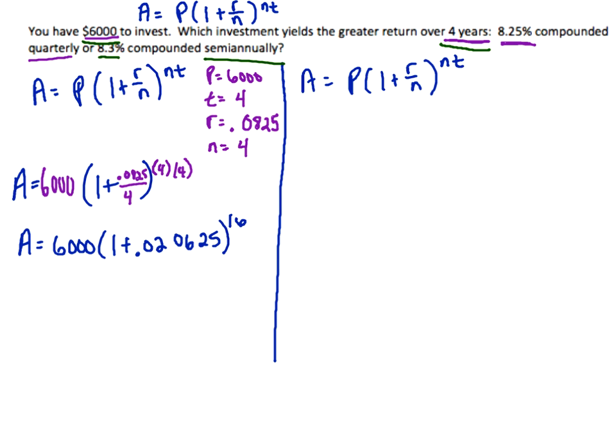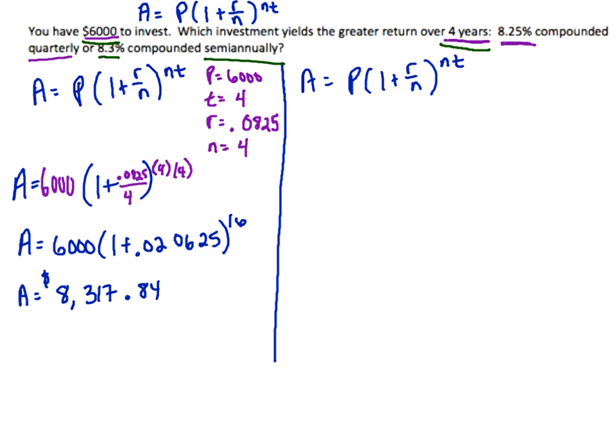I'm going to go ahead and add the 1 onto that, so 1.020625, and I'm going to raise that to the 16th power, and then I'm going to multiply that by 6,000. And I get, at the end of 4 years, if I didn't add anything else into the account, my account balance would be at $8,317.84.